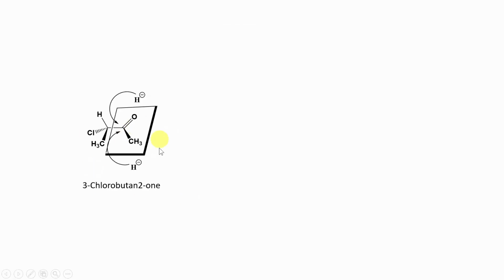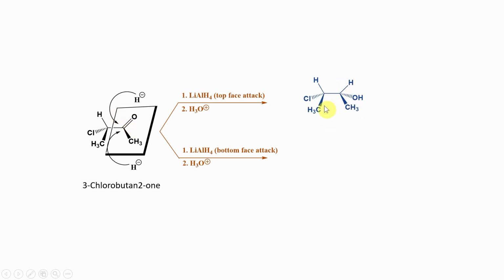Okay, then see this example. Here this carbonyl group is attached to this stereocenter. Then the carbonyl group has two faces. If it is reduced by lithium aluminum hydride and then hydrolysis, if the addition of hydride ion takes place through the top face, then we will get this secondary alcohol.